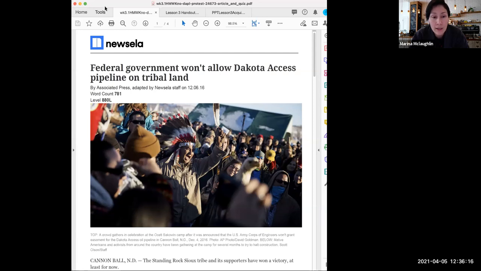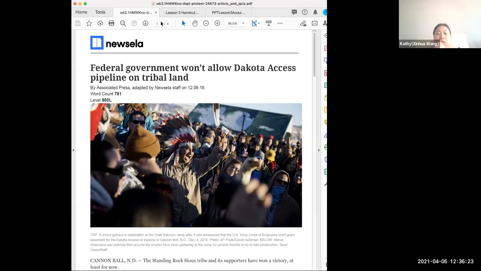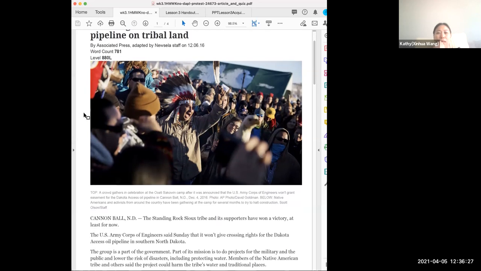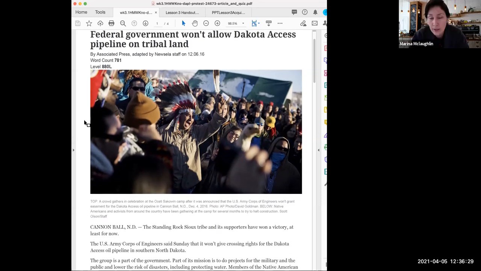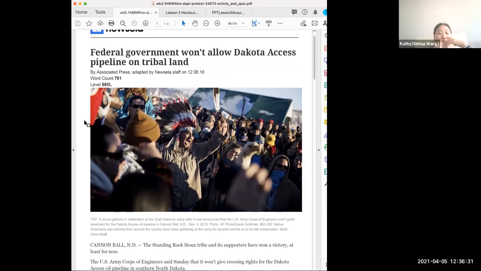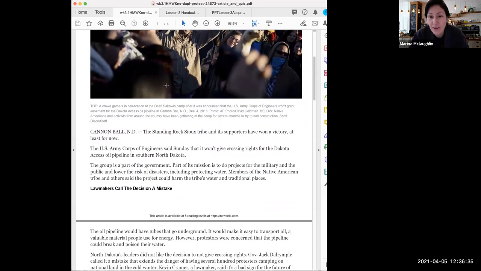Good job. So where did the protest take place? In Dakota. North Dakota. In the beginning of the first paragraph. Yeah, the first paragraph tells you. That's right. You can see right here, Cannonball, North Dakota. ND stands for North Dakota.